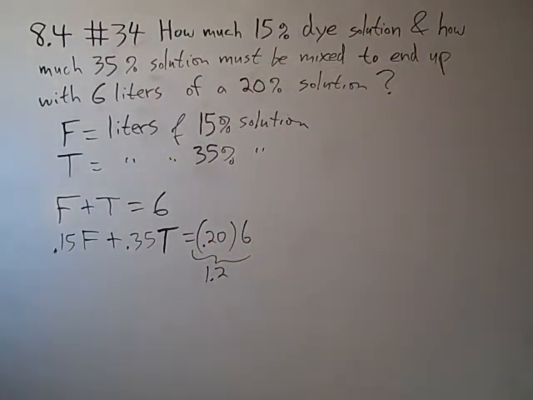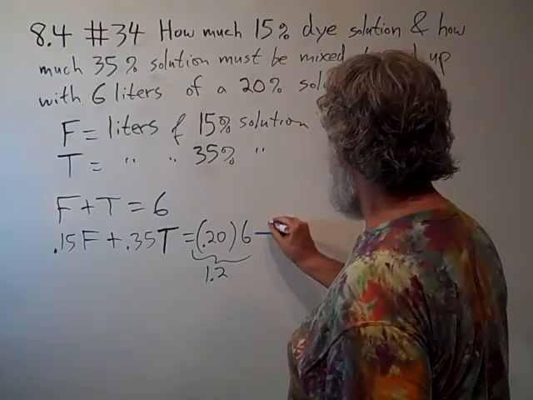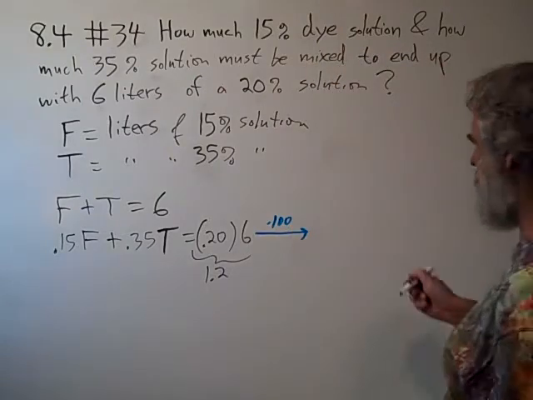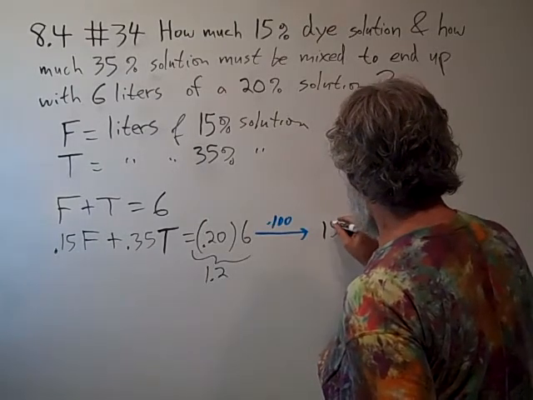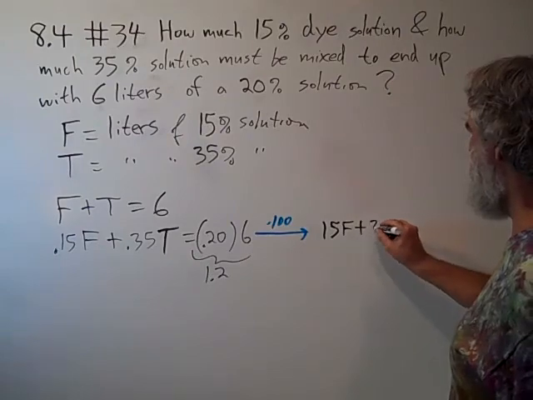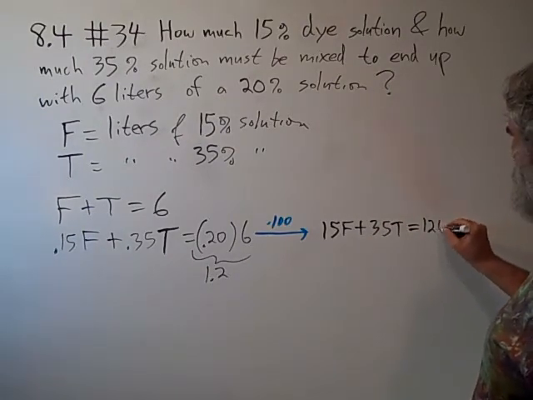And if we multiply that last equation, everything times 100, it gets rid of the decimals. So we end up with 15F plus 35T equals 120.